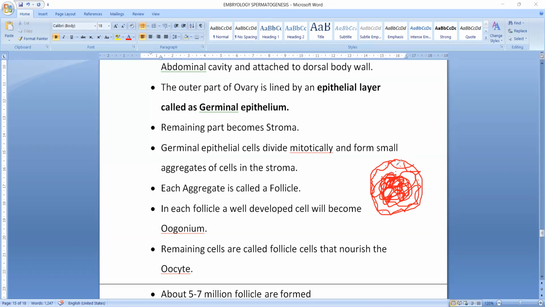Okay, so this is a stroma. The remaining part becomes stroma. Germinal epithelial cells divide mitotically and form small aggregates of cells in the stroma. Each aggregate is called a follicle.